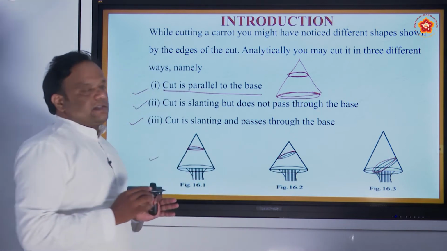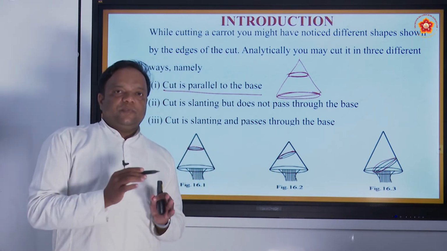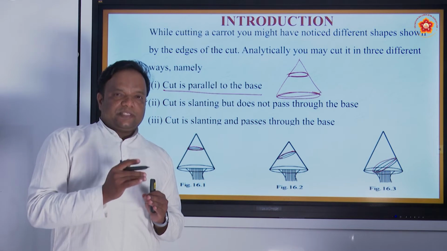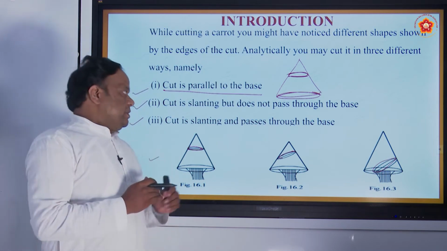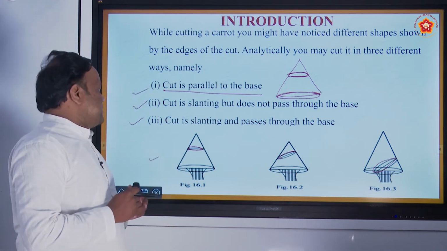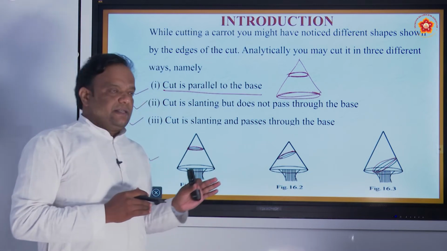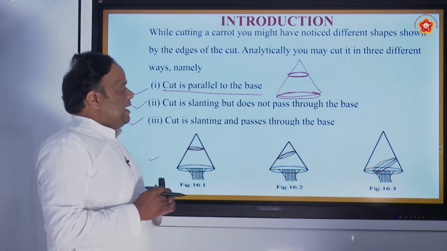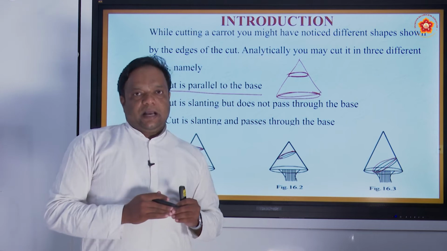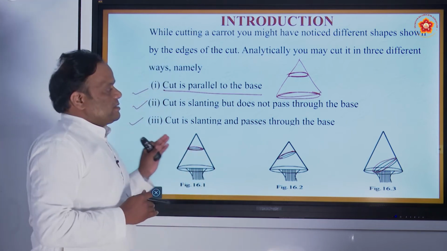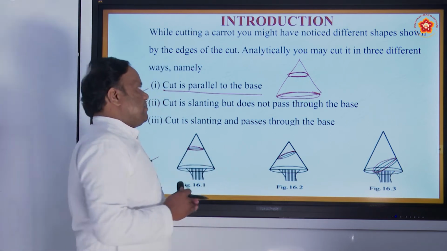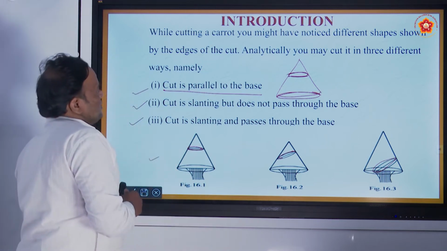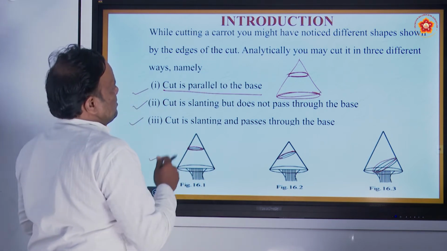These three cuts give different shapes, different parts of the cone. The first part is called a circle. The second part is called the ellipse and the third part is called the hyperbola. These are the different parts of the cone.